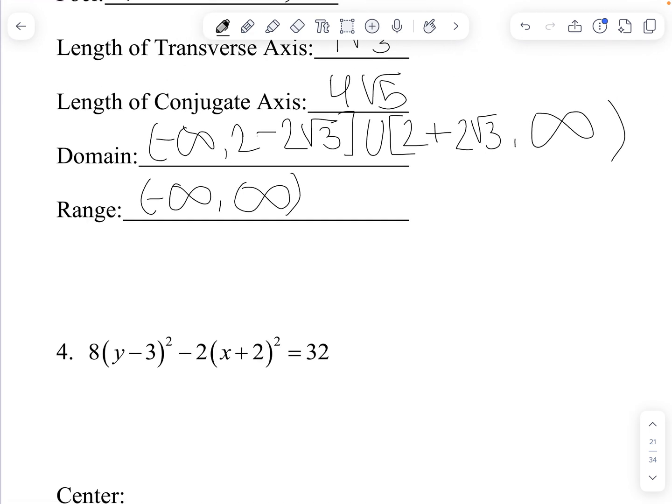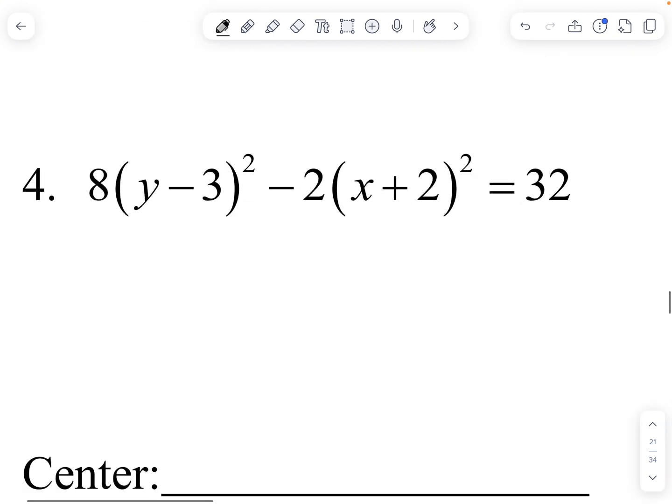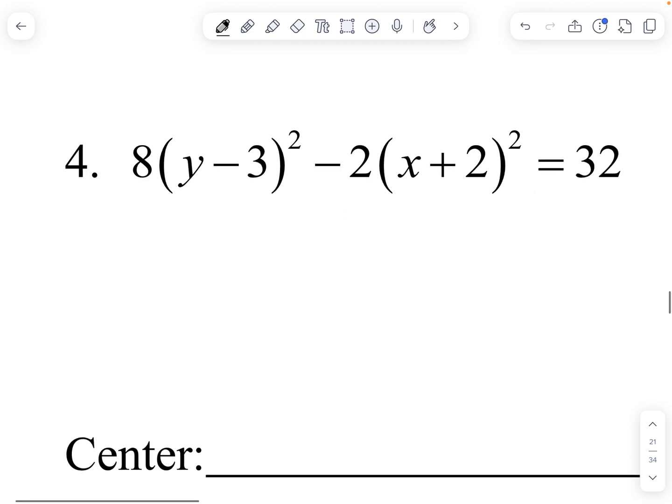Okay, now let's move on to the last and final one, which is the hardest, because we have to turn this into standard form. So let's do this.